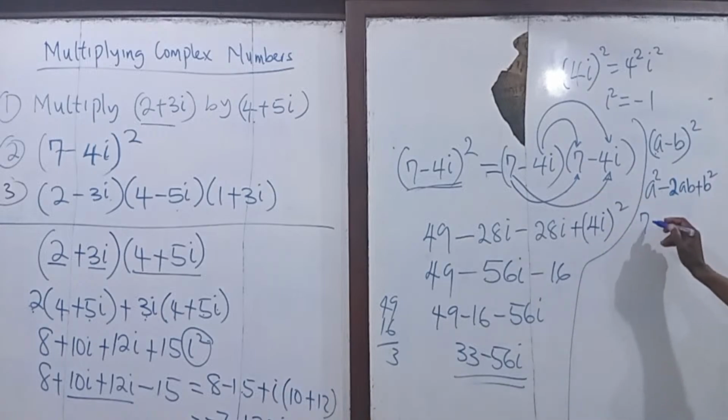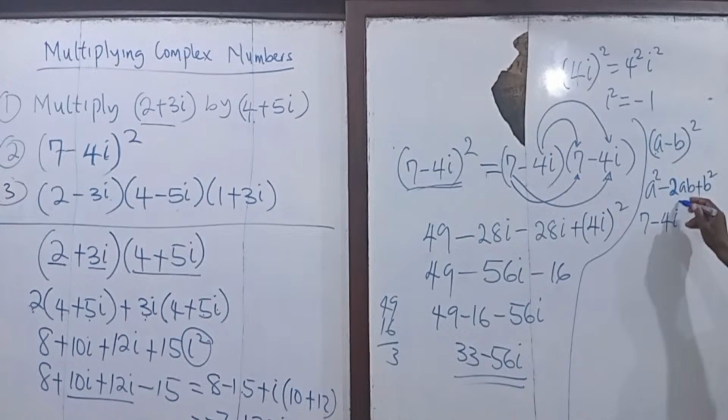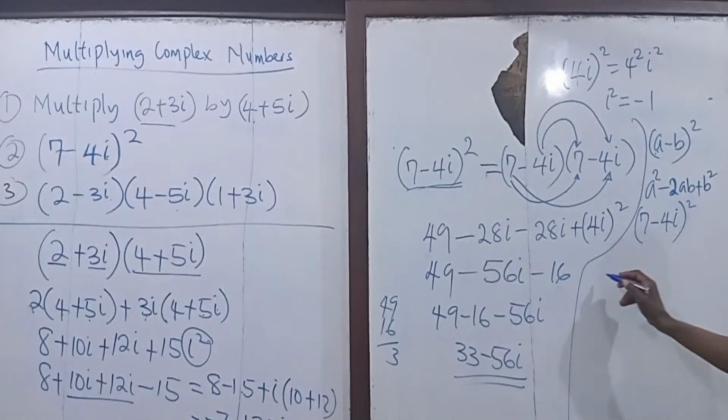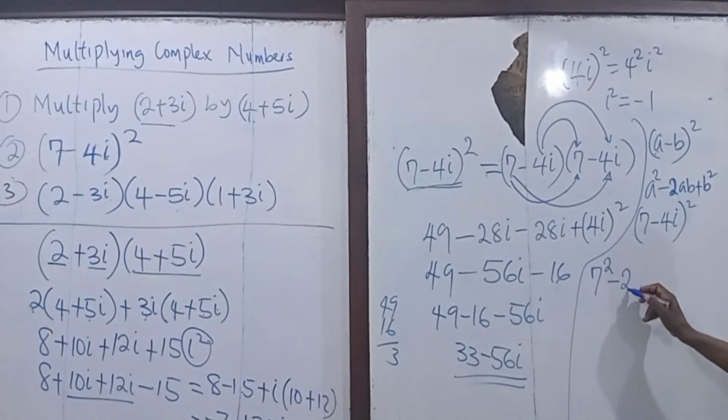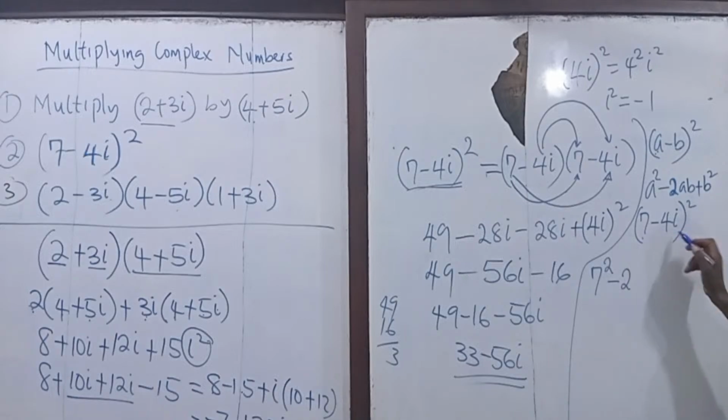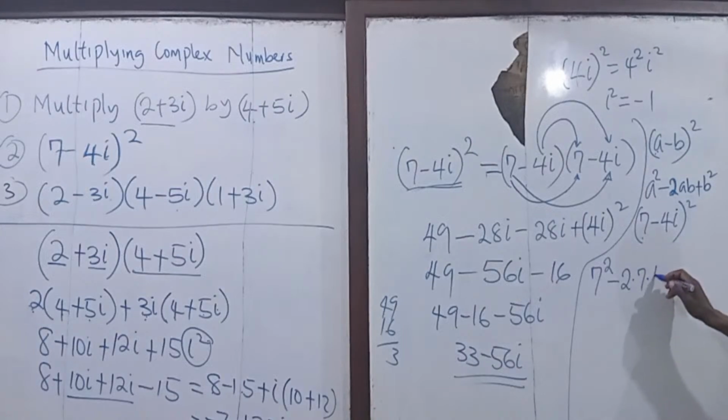So (7 minus 4i) squared will be equal to a squared. In this case, my a is 7, minus 2, which I call the invisible 2, and then a times b, that's 7 times 4i. I mean, your a is 7, your b is 4i. And finally, plus b squared, which is (4i) squared.